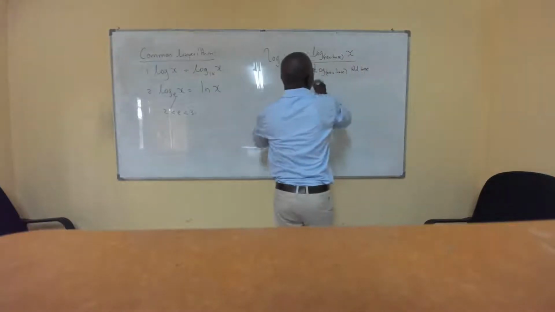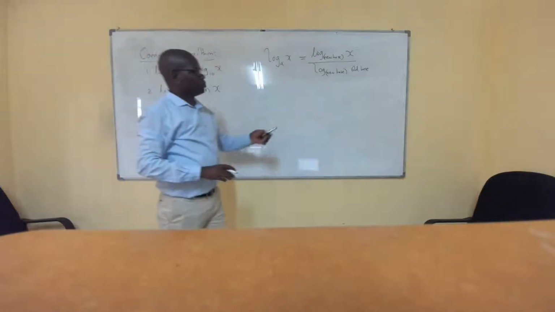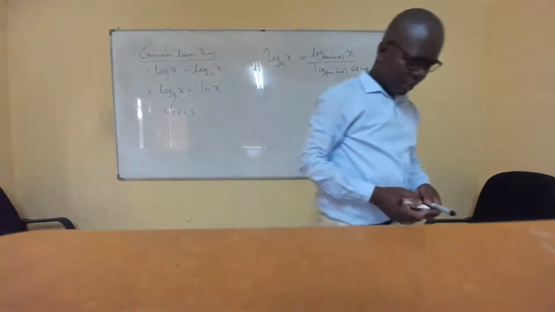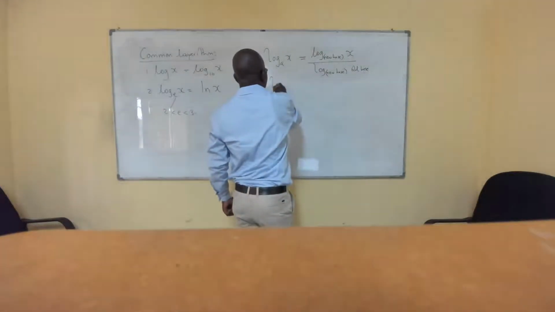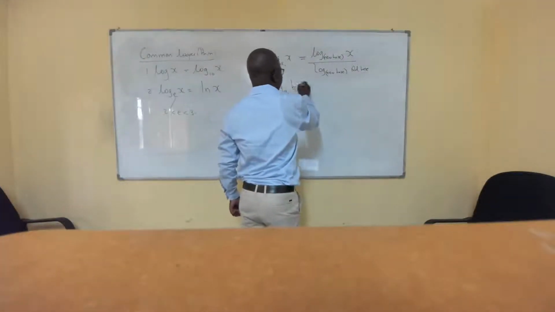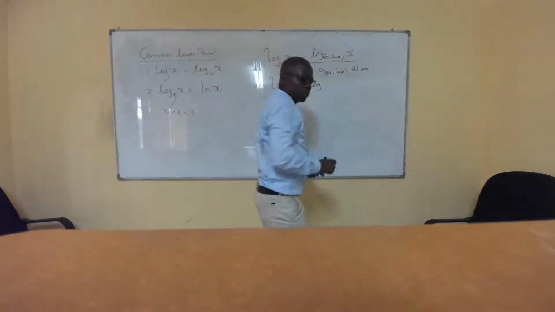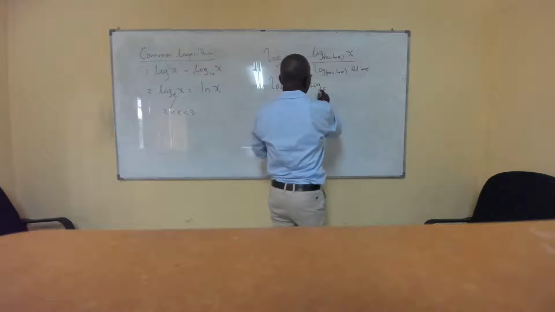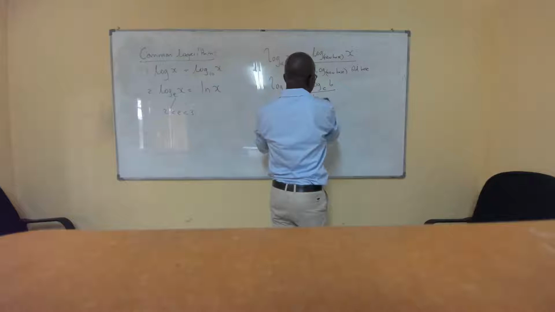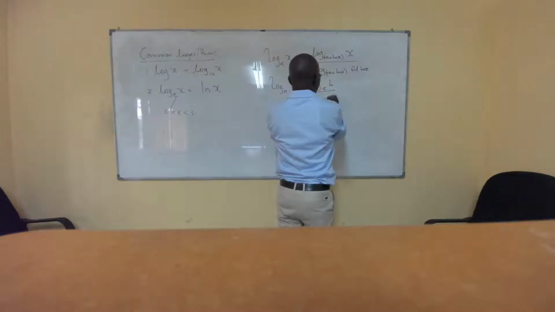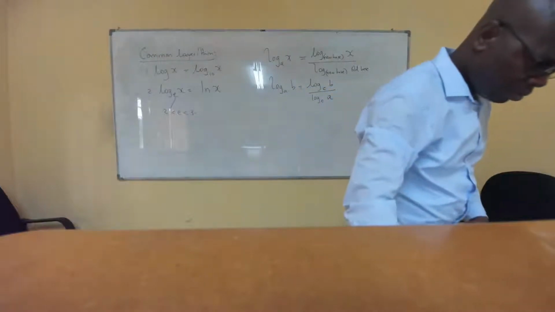So this is the formula that we can use. For instance, if you have log to base a of the number b, and we want to change to some base c, it will be log to base c of b over log to base c of the old base. So it will come out to be like that.